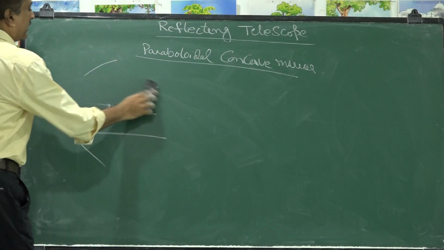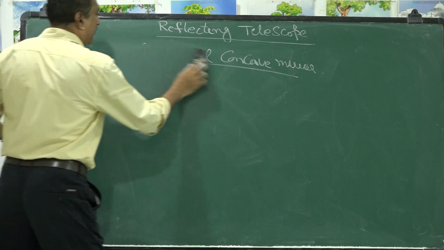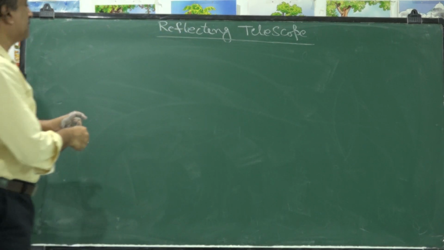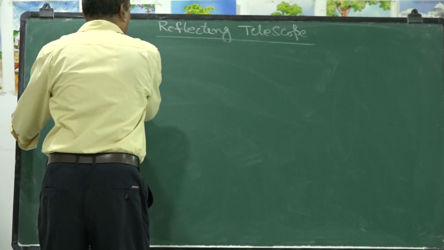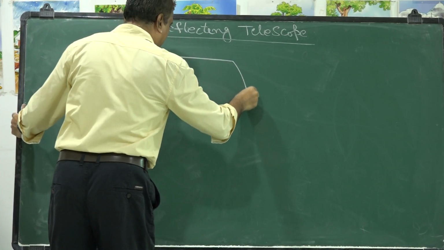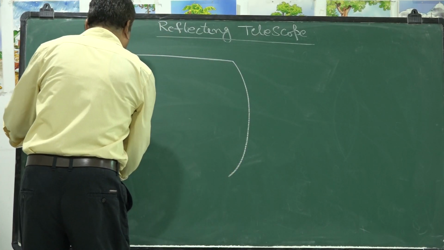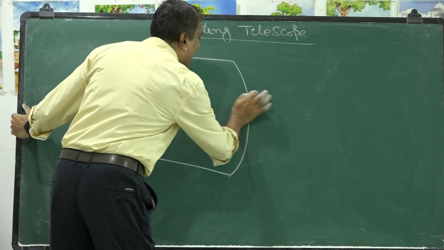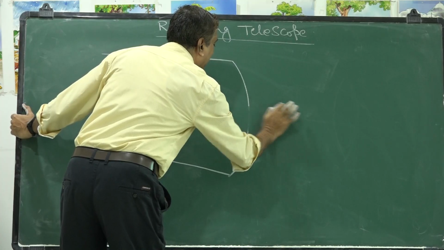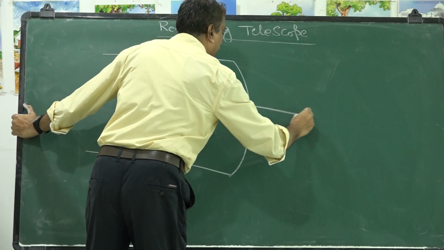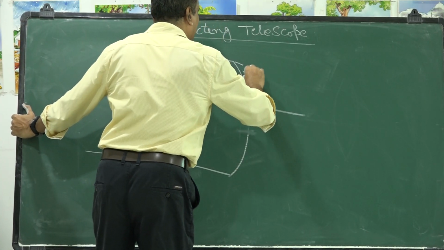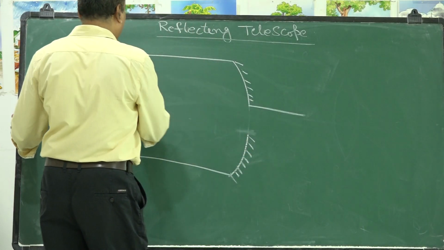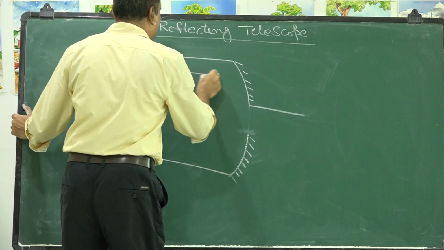Now the reflecting telescope consists of a paraboloidal concave mirror, in which there is an opening like this, and light rays are incident like this.